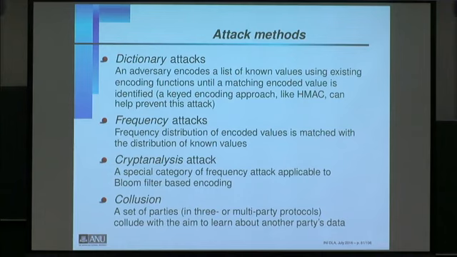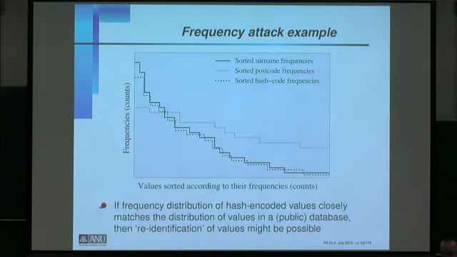We can do a frequency attack. So we're basically looking at the distribution of hash codes or encodings, and if you find there's a close match between a frequency distribution of an unencoded attribute and an encoded attribute, then that reveals some information. There's an illustration here. Let's assume we have sorted surname frequencies, sorted postcode frequencies, and hash codes. I'll talk more about hash encoding in the next few slides. So maybe this is taken from a telephone book.